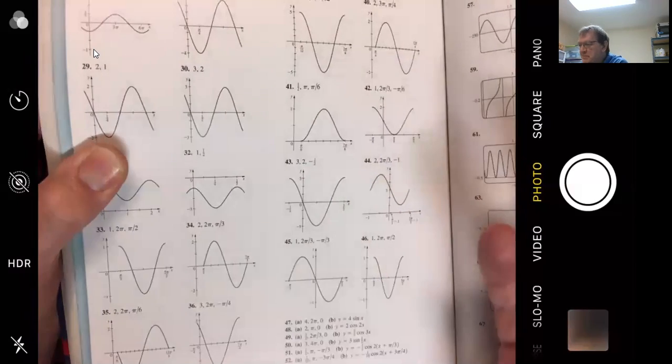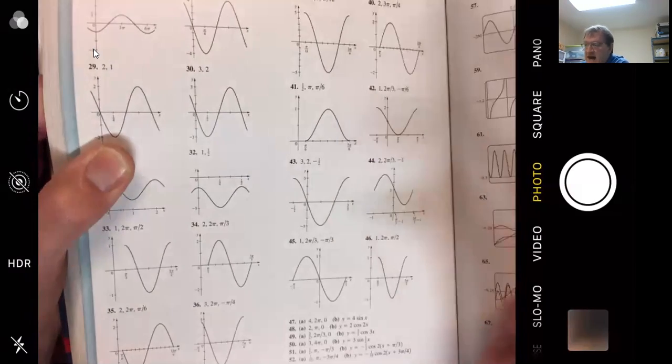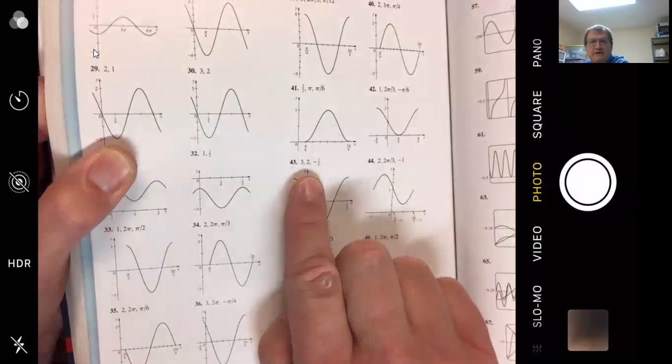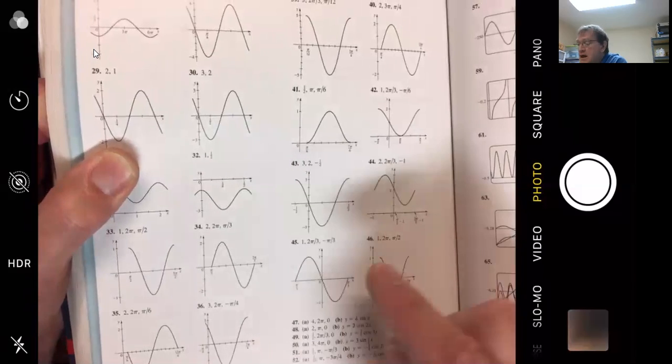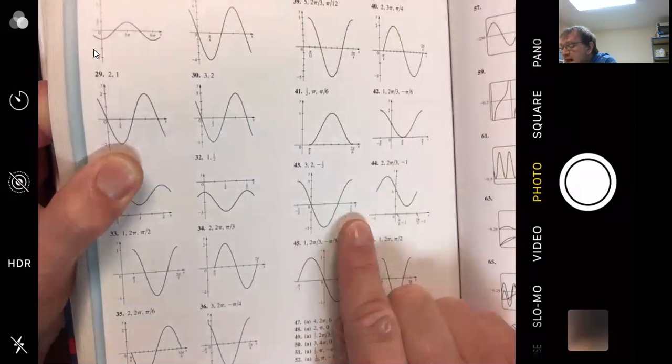I wish they'd label them, but in the order that they ask them, your amplitude's 3, your period's 2, phase shift or horizontal shift is negative a half. And they're going negative a half to 3 halves horizontally, and from negative 3 to 3 vertically.